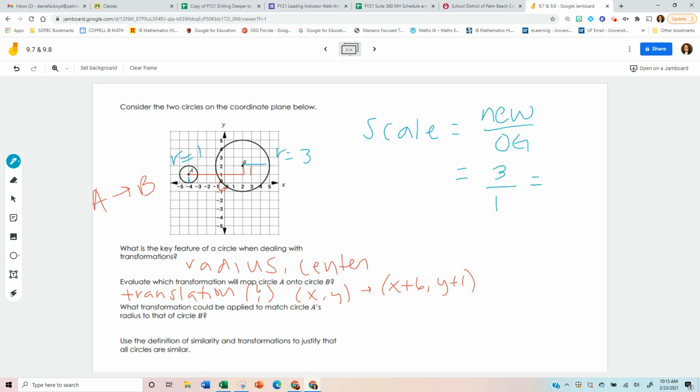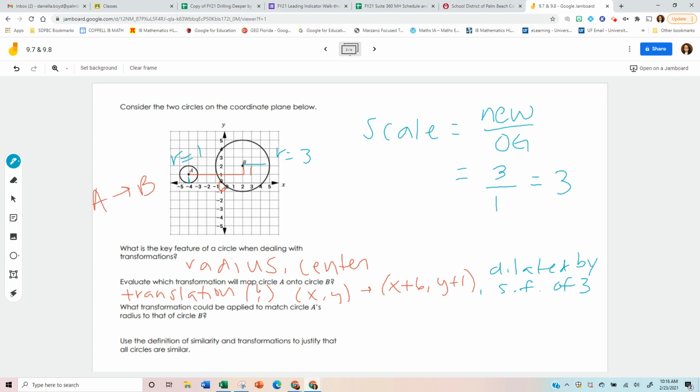So in case it wasn't obvious to you, the scale factor is 3, which means it's dilated by a scale factor of 3. I'm just going to abbreviate this because I have horrible writing. So those are the transformations. It looks like it shifted and then it grew, right? And so those would be our transformations.